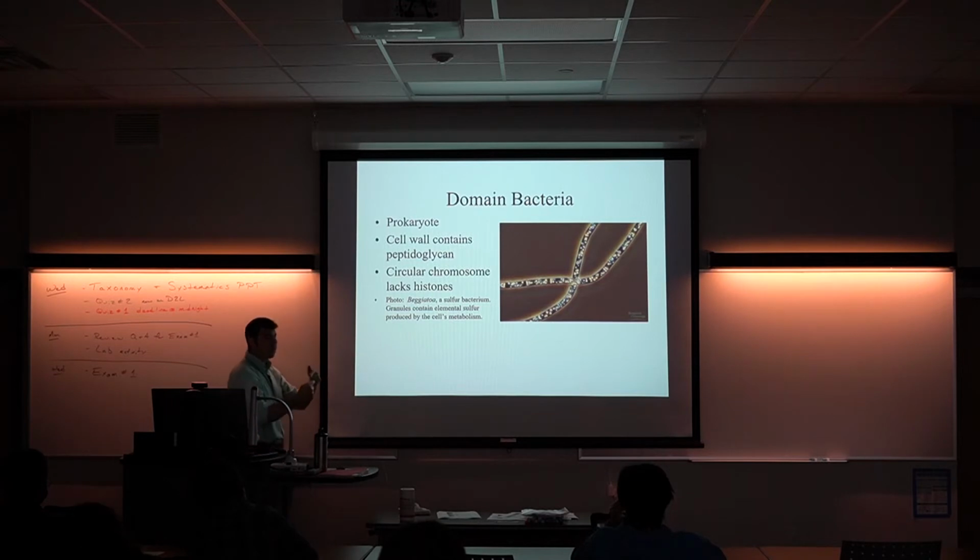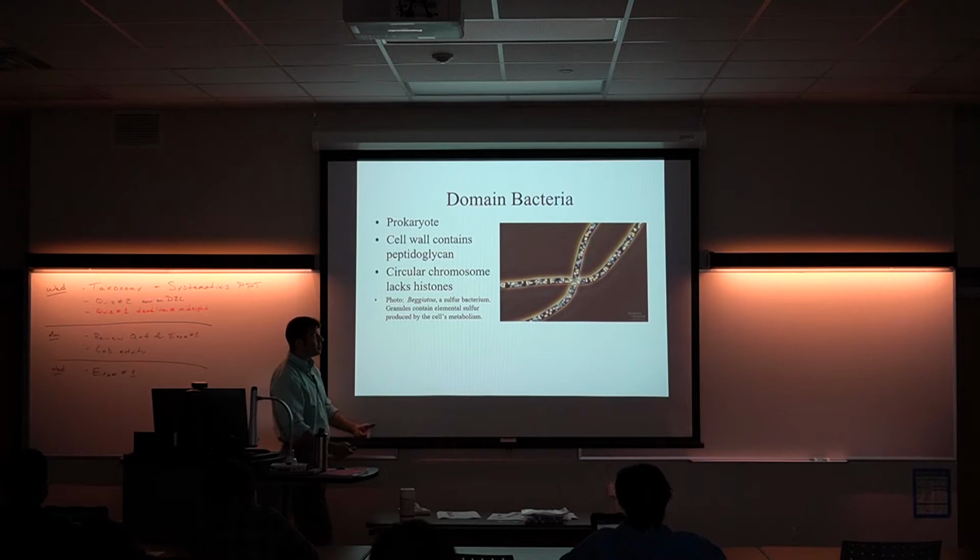Remember, your cells have little histone proteins that the DNA can spool around, and it's a way that the DNA can package itself up. The domain of bacteria lacks any of those histone proteins. It also has something in its cell wall, this substance called peptidoglycan. It's a certain type of protein only found in that bacteria domain.